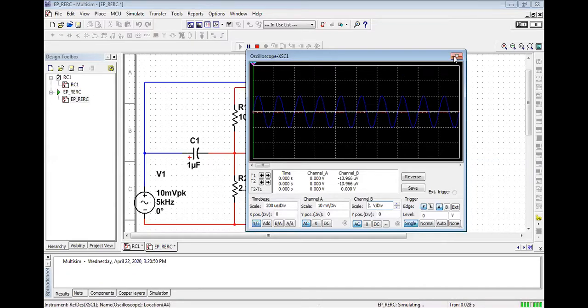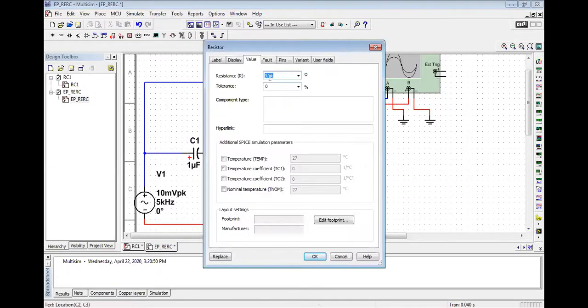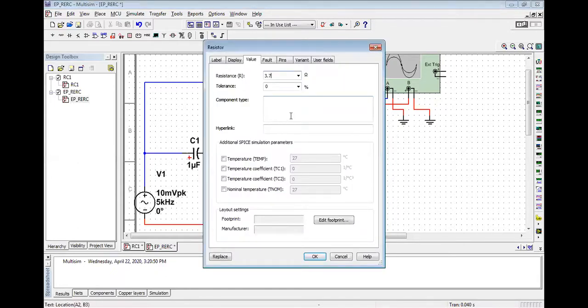I have taken the value of this RE as too large at this moment. I'm going to show you with the same reading of the capacitor, that is 1.5. Let's say 1.5 is the value of RE, and let's say 3.7 or 4.7. For the fundamental case, we are going to take 4.7K here. Now I'm going to execute.